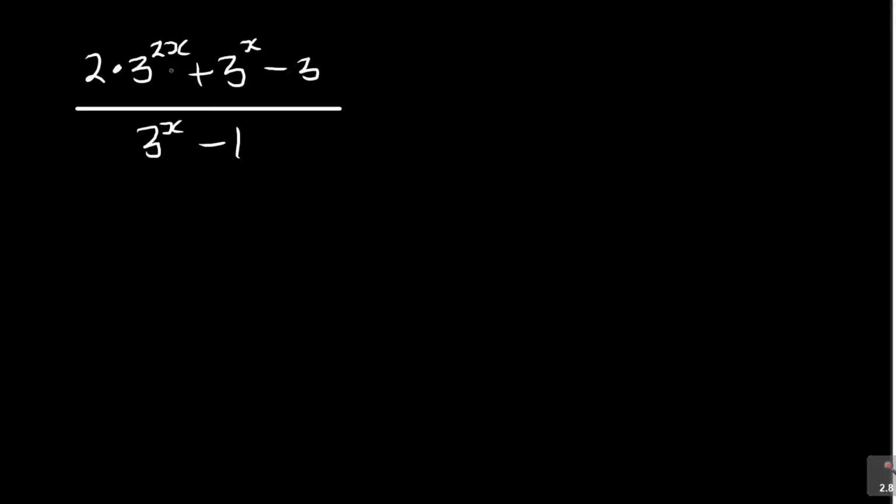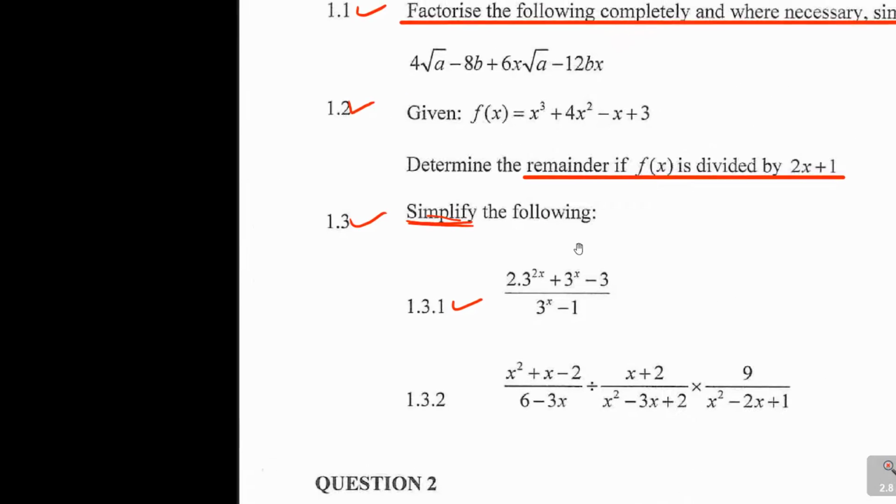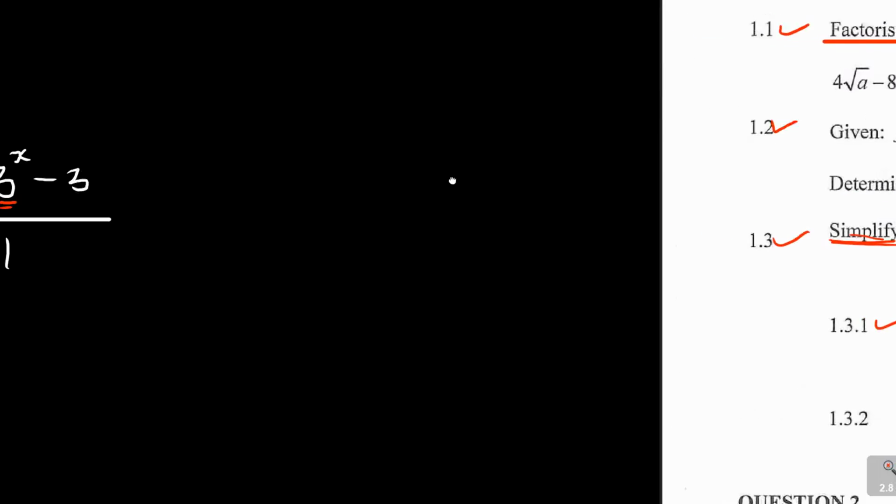Now, there's the key. Look at the powers and the exponents. I'm given a 3 here. Let me come back again, I think I missed out something here. It's 2 times 3 to the power 2x plus 3 to the power x minus 3. Yes, it's correct.